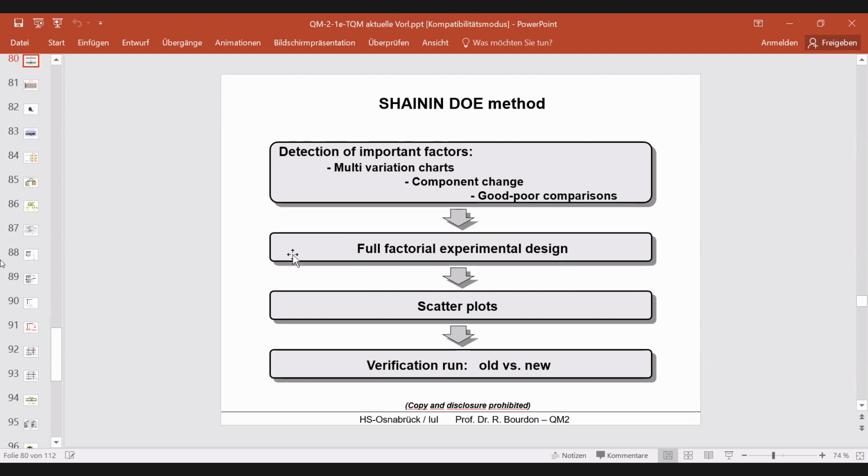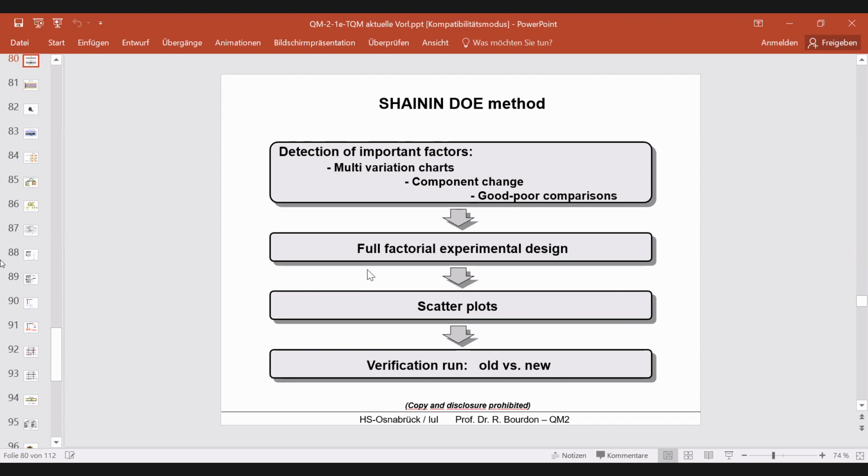In many cases, the Taguchi designs have some problems, so it is not so good to use Taguchi designs. It is better to use full factorial experimental designs. It has to do with confounding, but this is very special and it would go too much in detail. But generally spoken, a full factorial experimental design is much more safe than using a Taguchi experimental design.